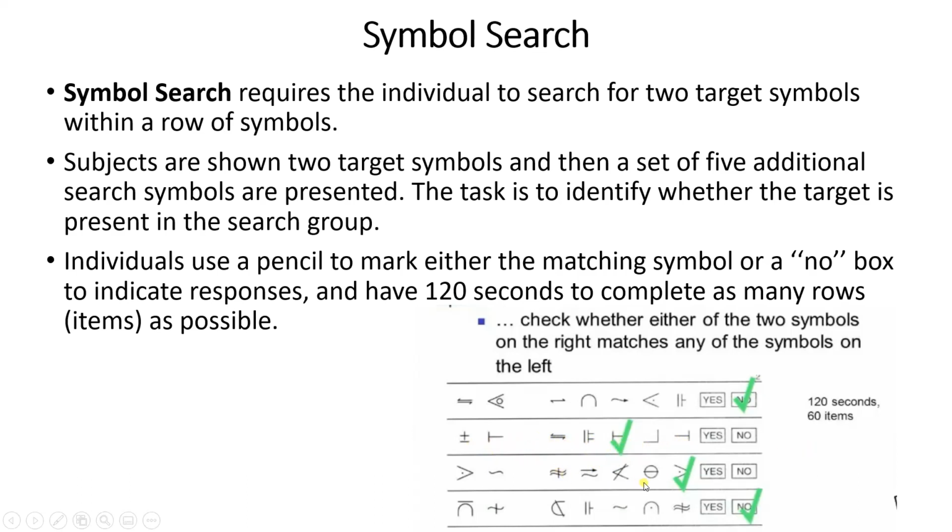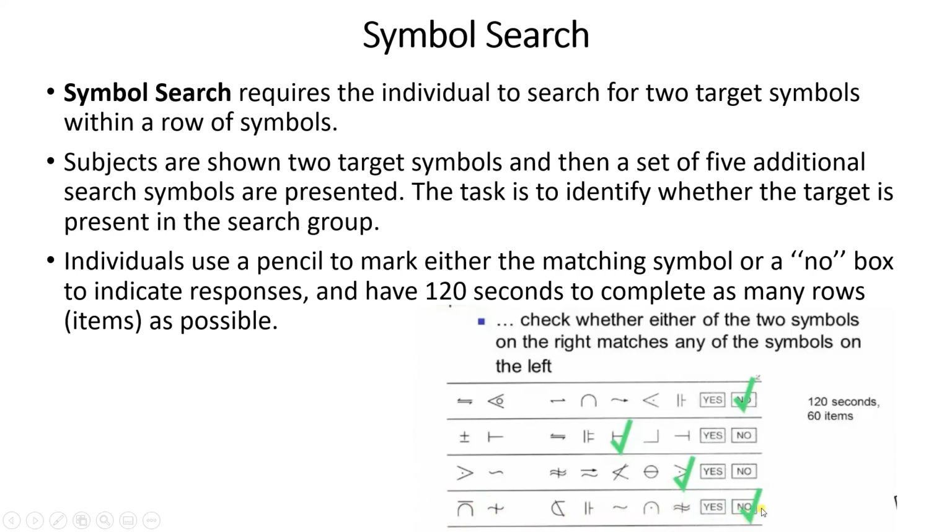In this row, there are two symbols. This is greater than, and you can see that greater than is present. So he has marked greater than. This is the correct response. Again, here are the two target symbols, and as you can see, the inverted U symbol is not present. So the respondent has correctly marked the no box.